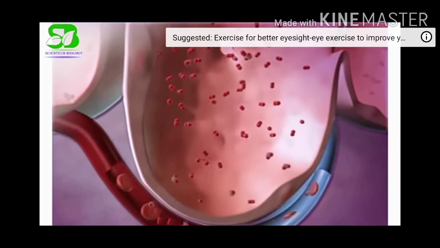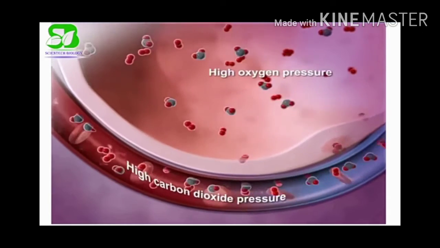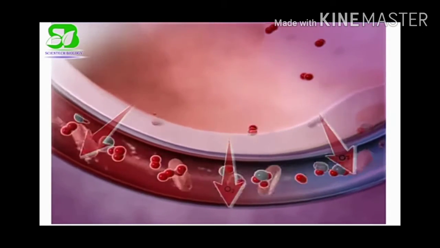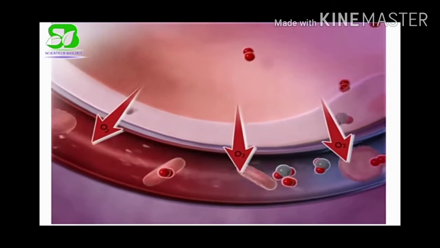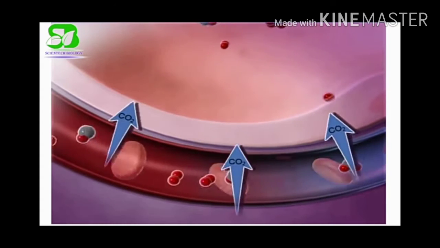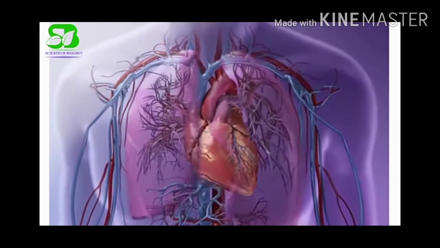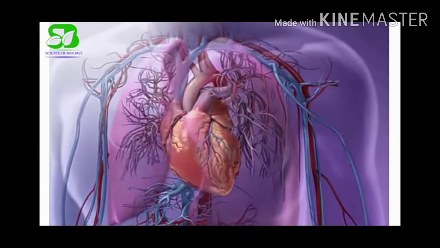The breathing movements are involuntary to a large extent. However, we can control the rate of breathing, but not for a long time. It results in the production of more carbon dioxide by cellular respiration, which is released into the blood. A greater than normal concentration of carbon dioxide stimulates the respiratory center of the brain.